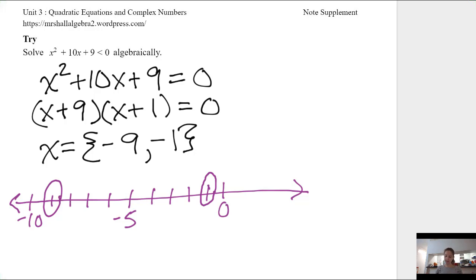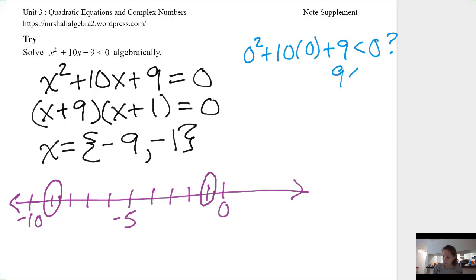Third step, test. I am going to test 0 here. If 0 is true, I'll know the outsides are true, and if 0 is false, I'll know the inside is true. So let's see, 0 squared plus 10 times 0 plus 9 is less than 0. Is that true?